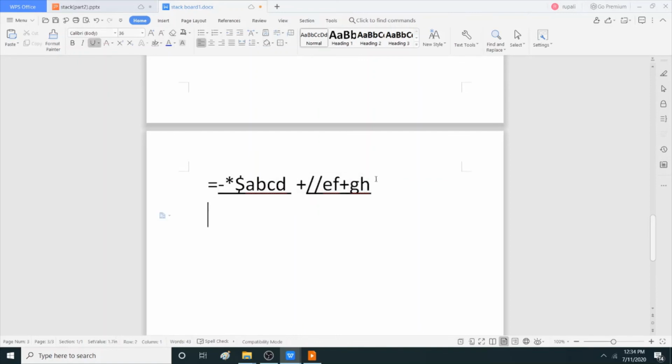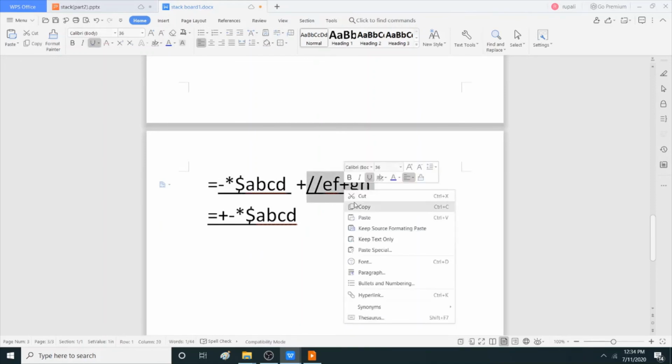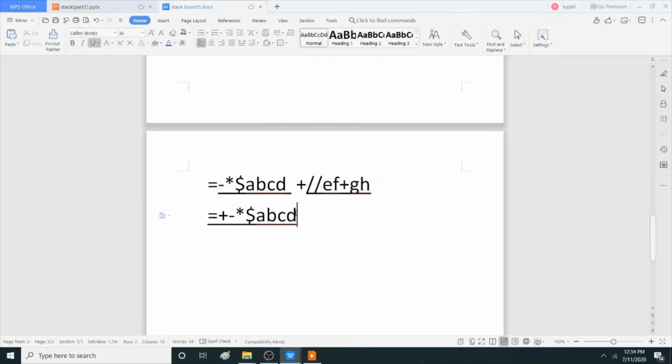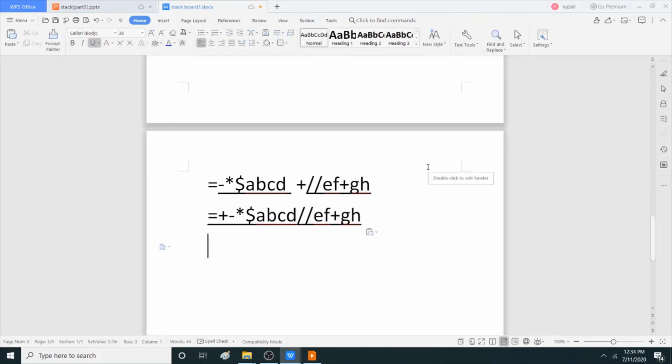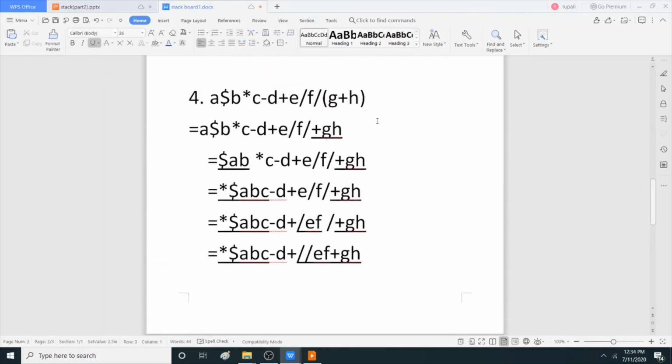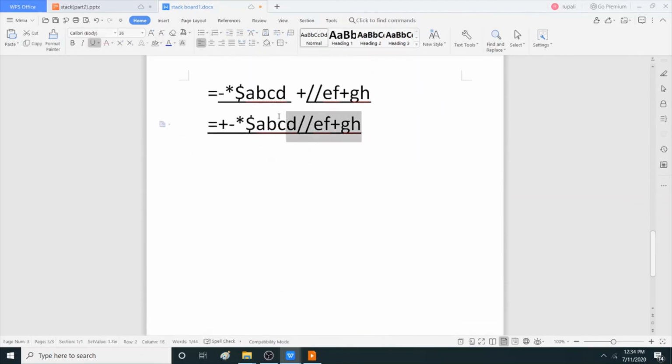So plus, then copy the first operand and then the second. You have to write in this way. So this will be the prefix form of this infix expression.